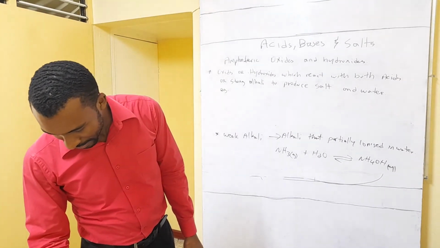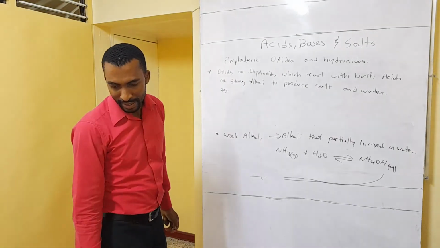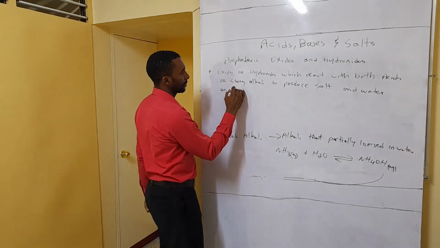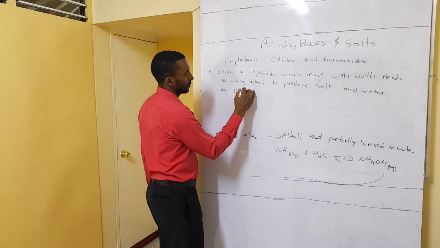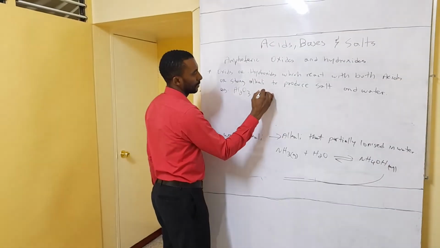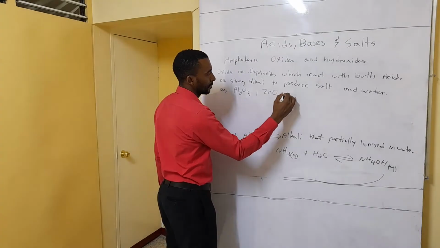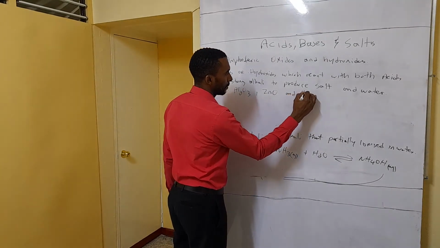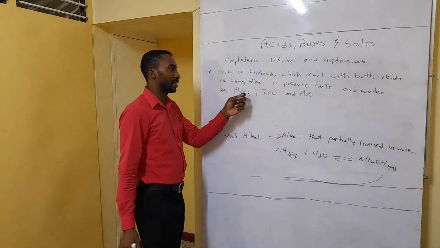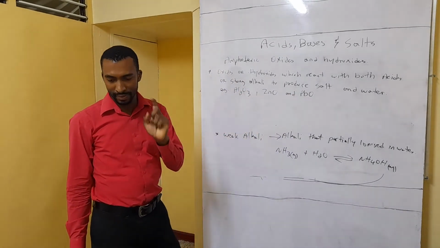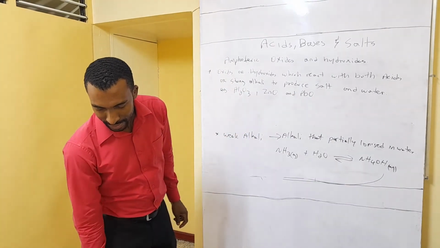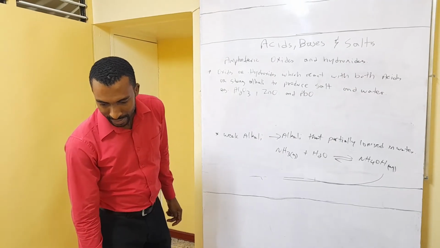So, example, aluminum, zinc, and lead oxide. Aluminum, zinc, and lead oxide are amphoteric oxides. And the example that I'm going to use is to show the reactions.